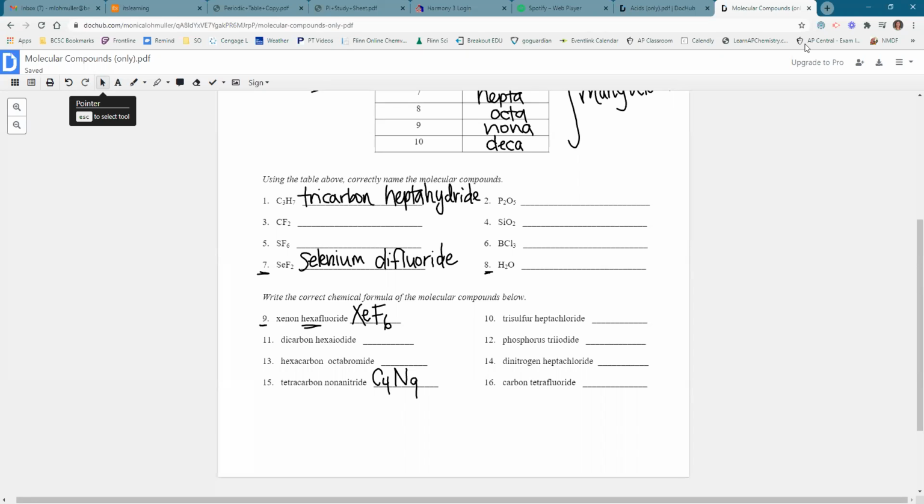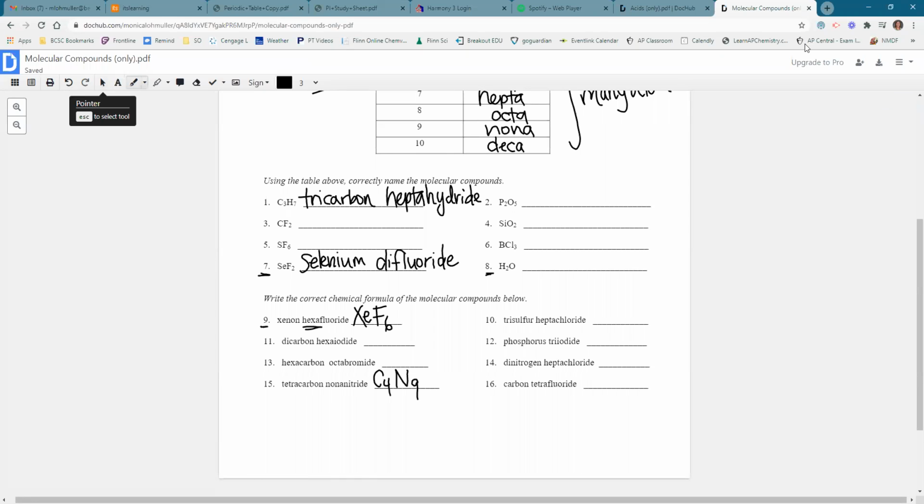The first part on number 8, the H2O right here, would be dihydrogen. Since it comes first, you don't have to change it to IDE. You just keep it hydrogen. So dihydrogen.